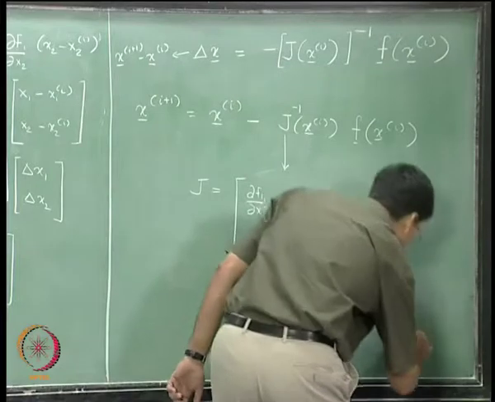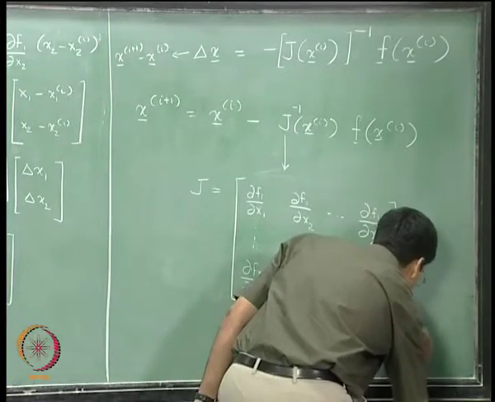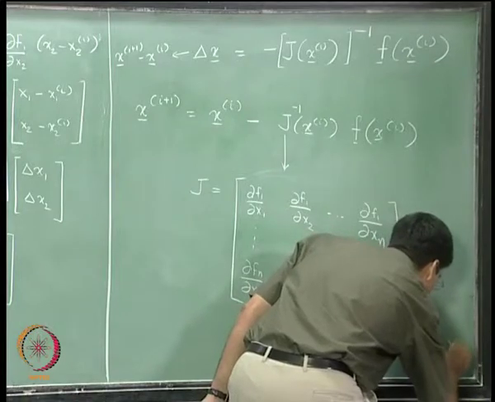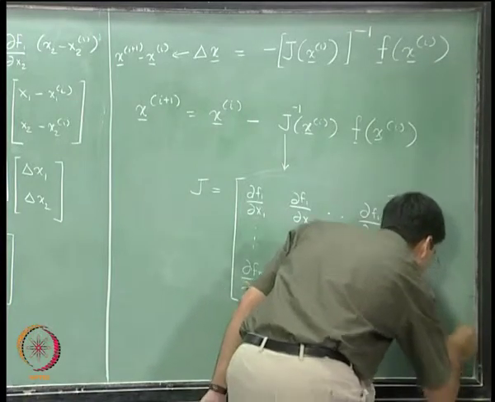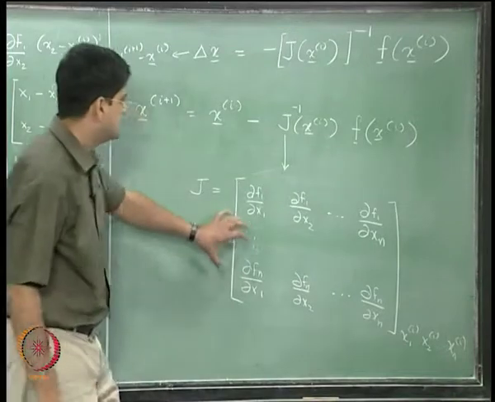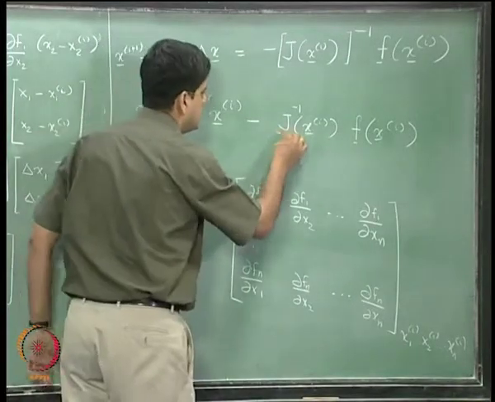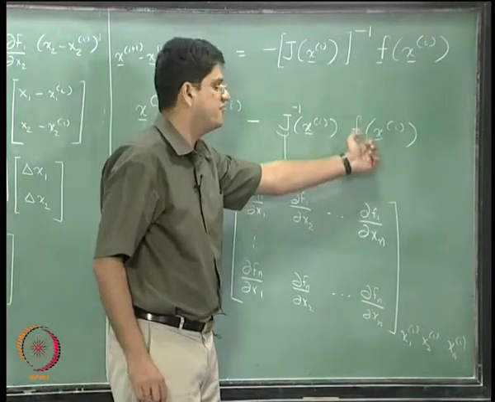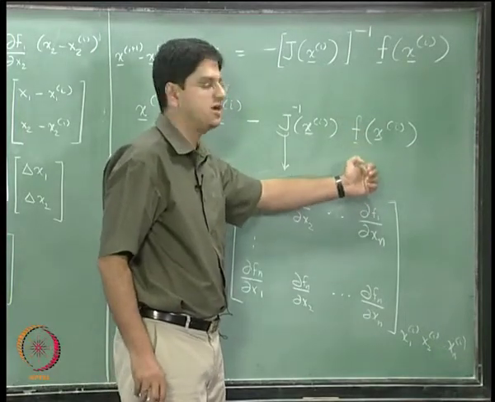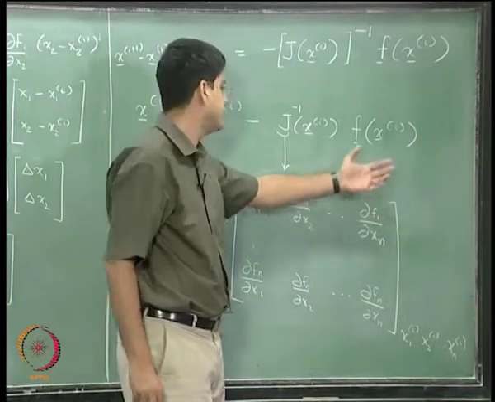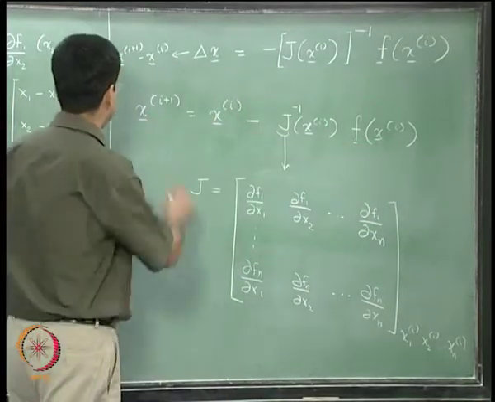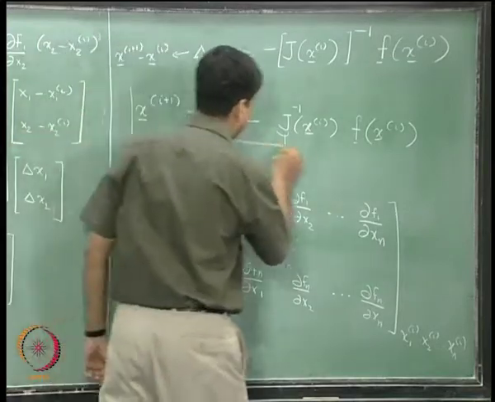This is computed at x1i, x2i, and so on up to xni. This is going to be our matrix J. Our f is nothing but f1 computed at x bar of I, f2 computed at x bar of I, and so on and so forth, and this is going to be our multivariable Newton-Raphson's equation.